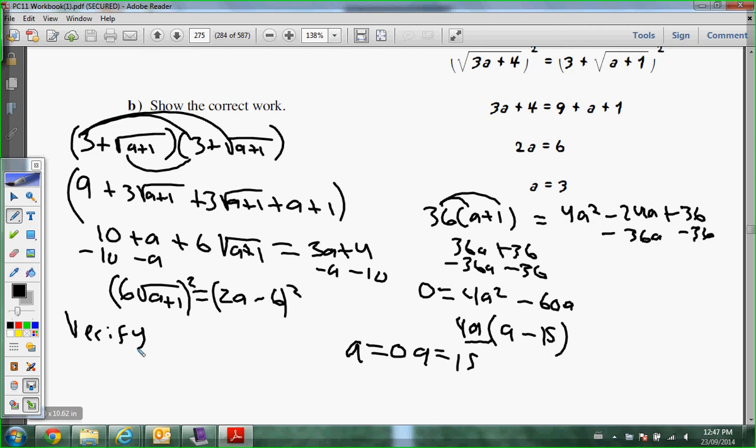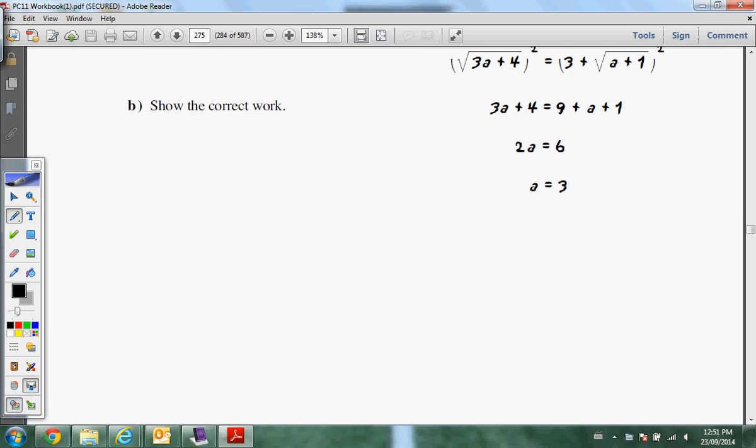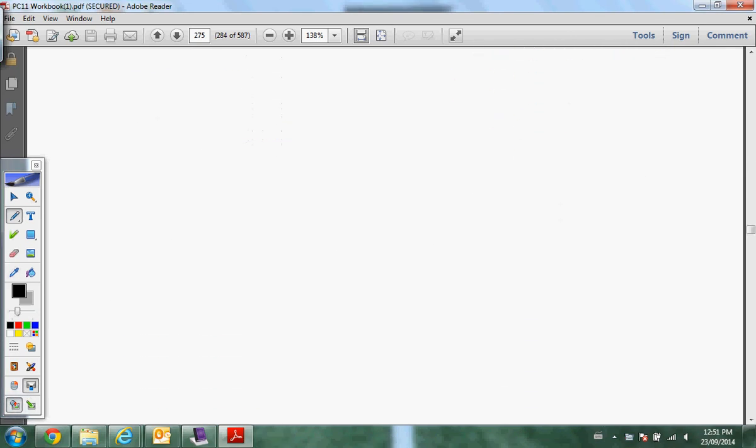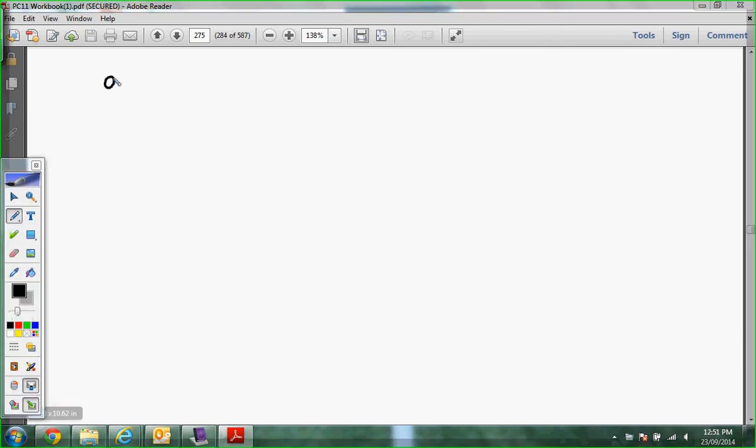Negative 24 minus 36 is a negative 60. Yeah, sorry. Anything else? Everybody else good? Okay, so we have a equals 0, and then a equals 15. We're just going to verify these real quick from the beginning.